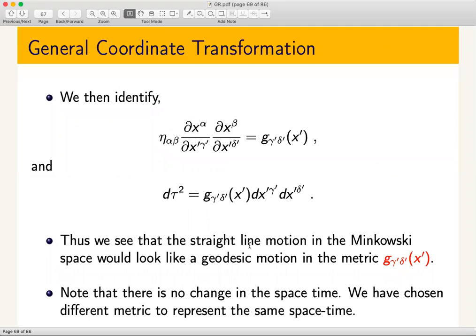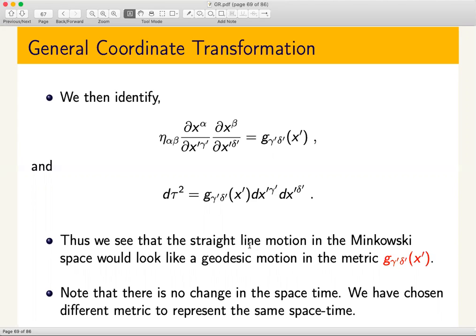But notice one thing, that we have not made any change in the space-time. It's the same space-time. In the same space-time, we have chosen the Minkowski metric to describe it, or we could have chosen G gamma delta to be the metric to describe the same space-time.